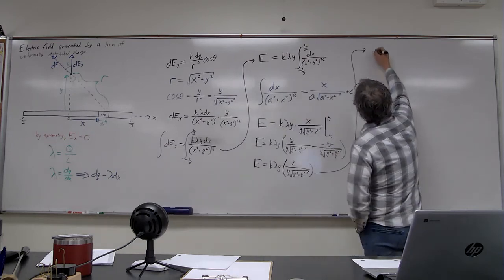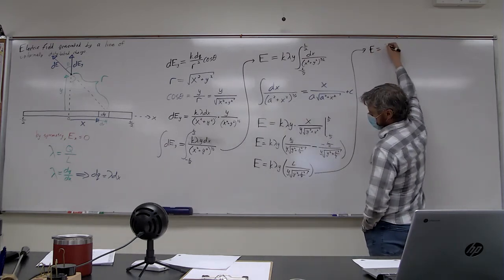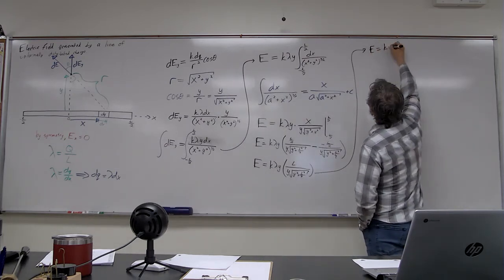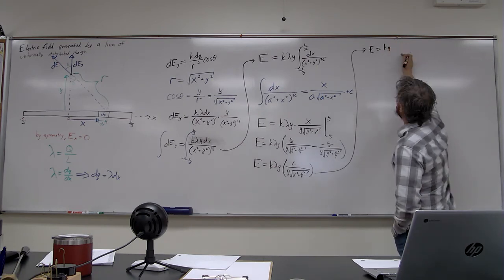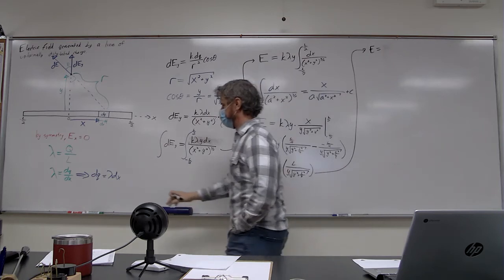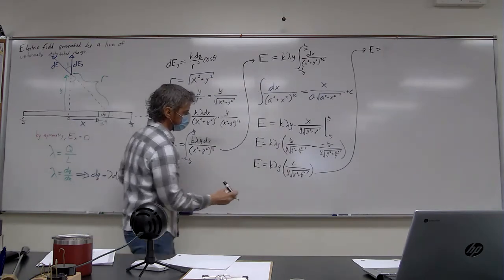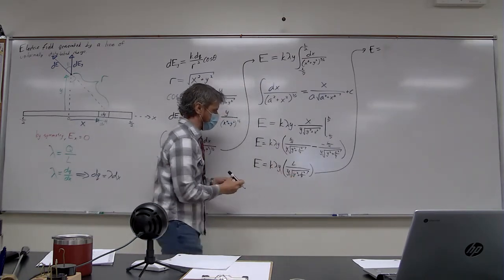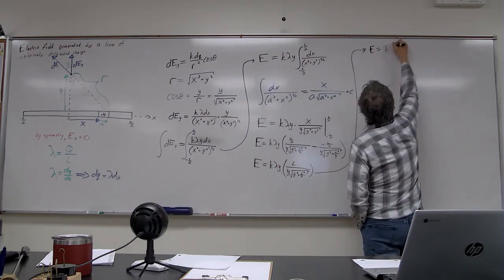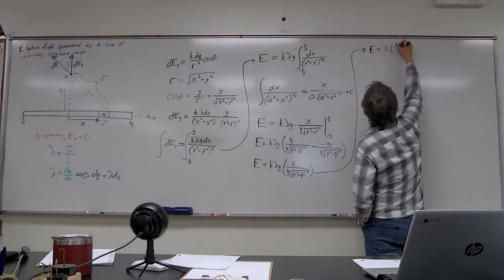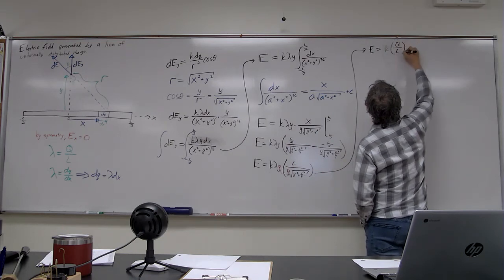So I'll say that the electric field then is just going to be K times Y. Take out a Y while you're at it. Oh yeah, thank you. I have a Y and a Y, so those cancel. So I'll have K times, instead of lambda, total charge over length.